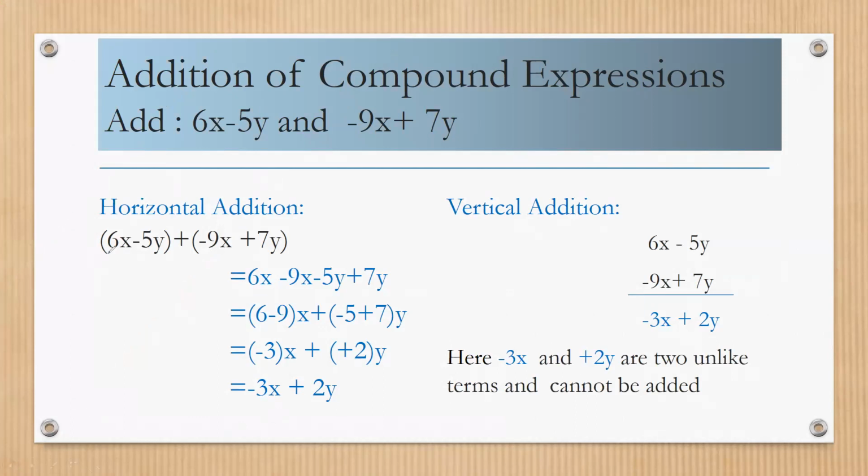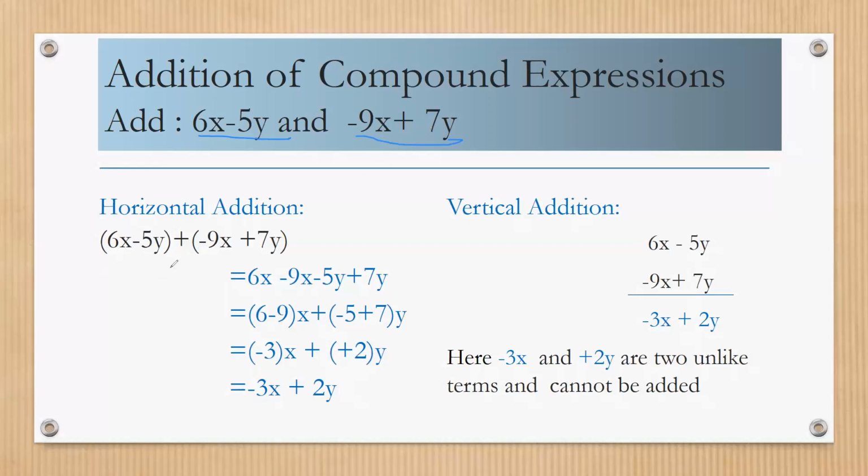right? So here 6x minus 5y we have to add with minus 9x plus 7y. Okay, we have to add 6x minus 5y and minus 9x plus 7y, right?